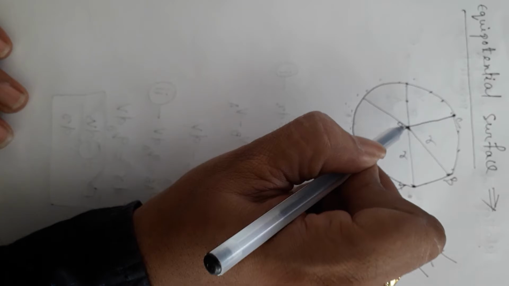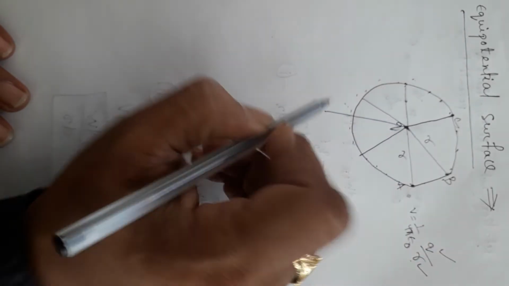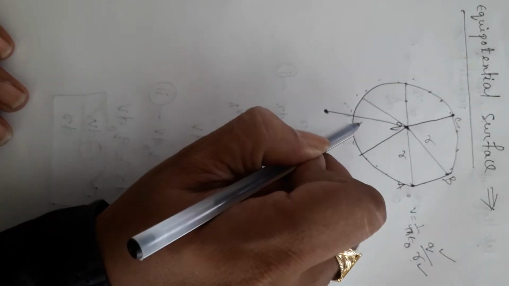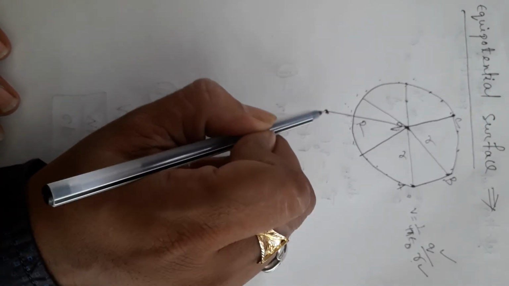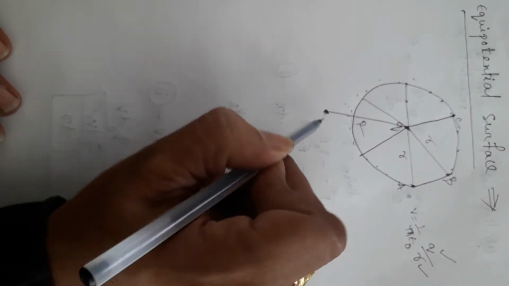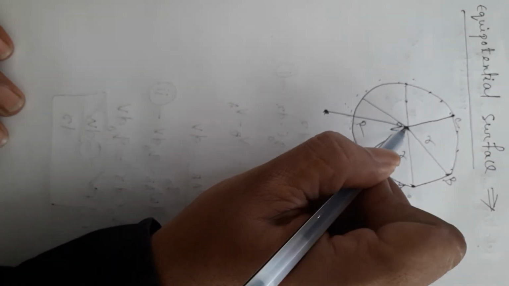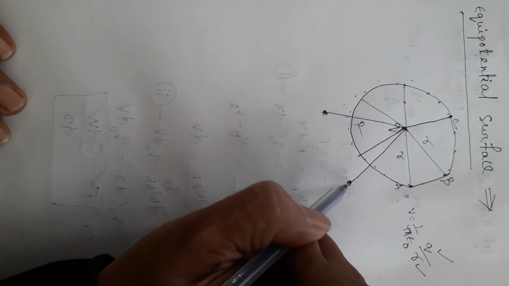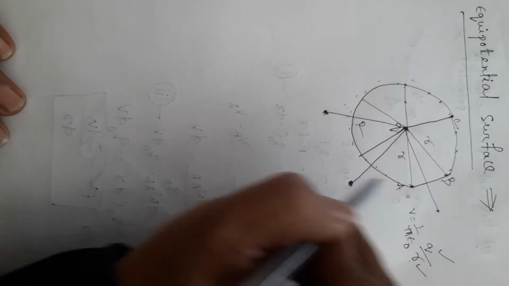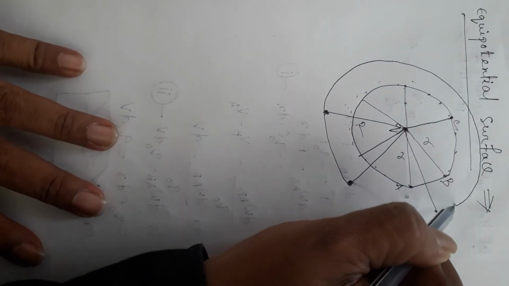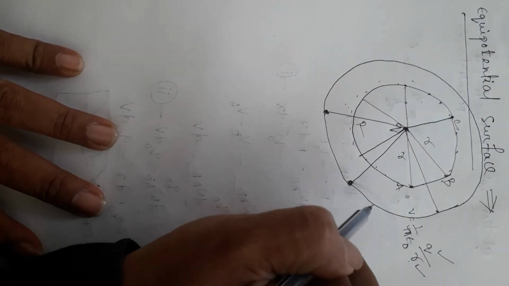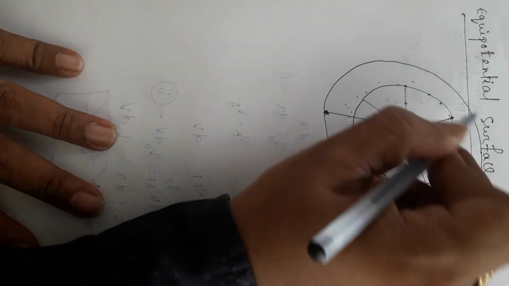If we increase the distance, suppose at capital R, here the potential will be 1 by 4 pi epsilon Q by capital R, and at the same distance everywhere the potential is same. If we join all the locus, it will be a new surface, and at each point on this new surface the potential is same.